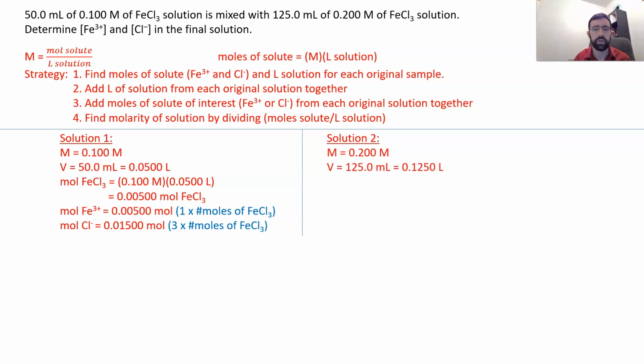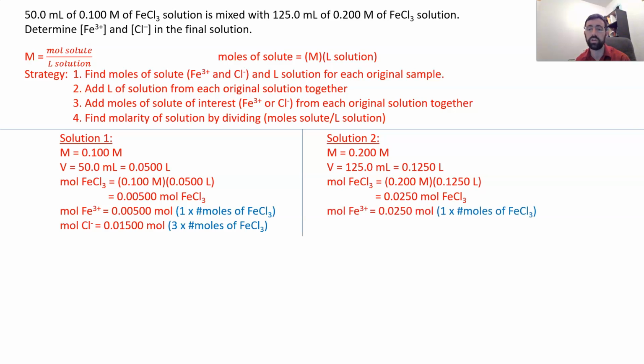Solution 2, do the same process. We've got our molarity, we've got our volume, turn it into liters. Then we want to find moles of FeCl3 by multiplying those numbers by each other. The molarity times the volume. You get 0.0250 moles of FeCl3. So if I wanted to find my iron 3 ions, it's going to be exactly the same number, 0.0250.